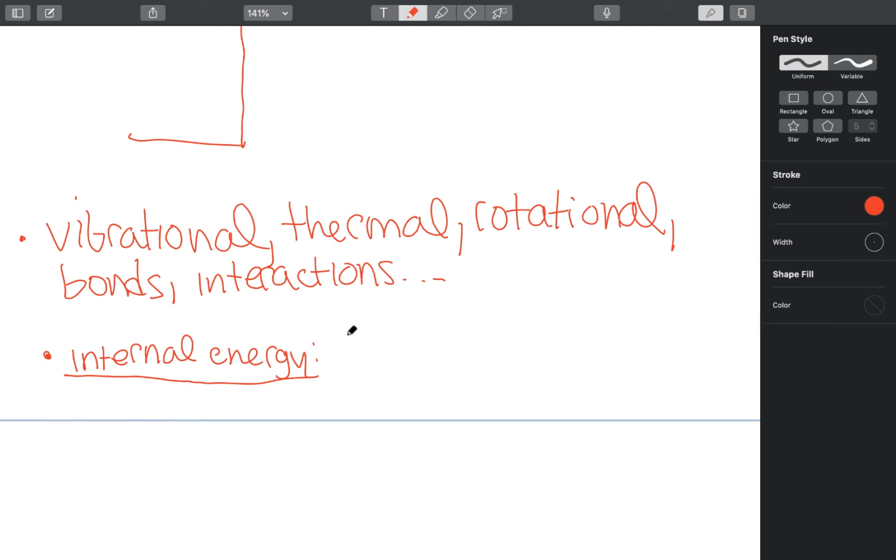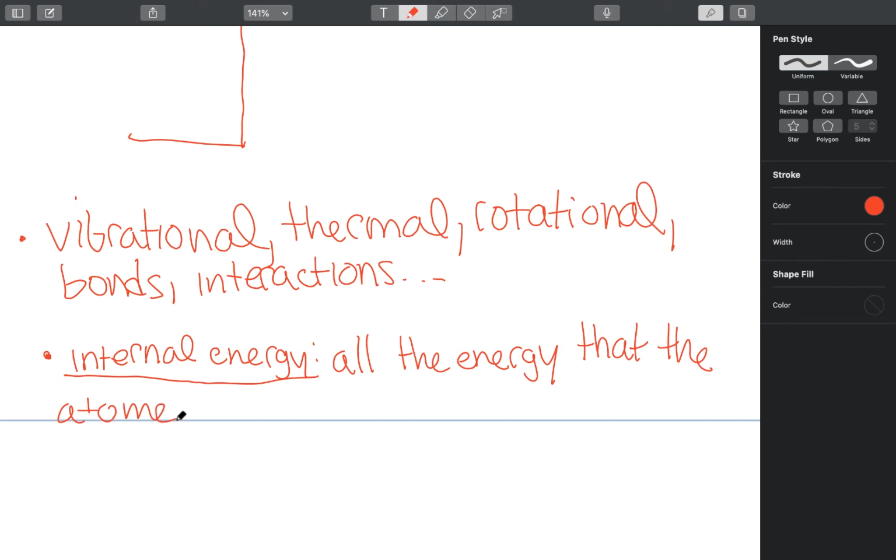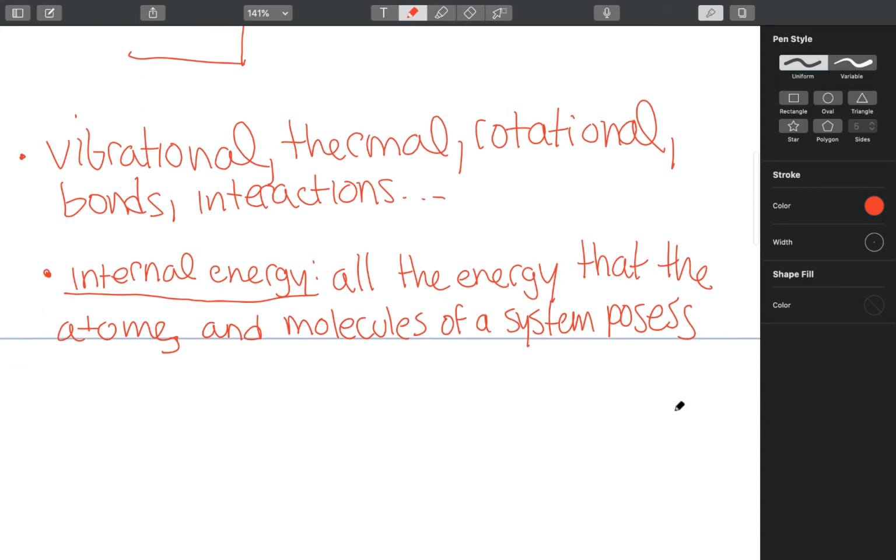The internal energy is all the energy that the atoms and molecules of a system possess. So it's all the energy that the atoms and molecules of a system possess.